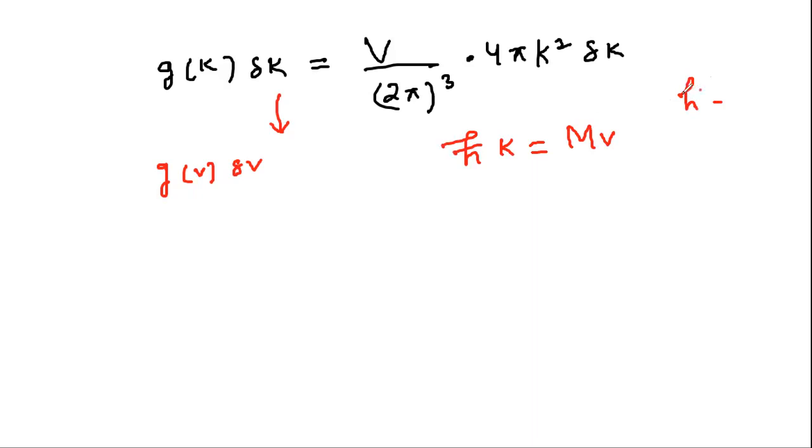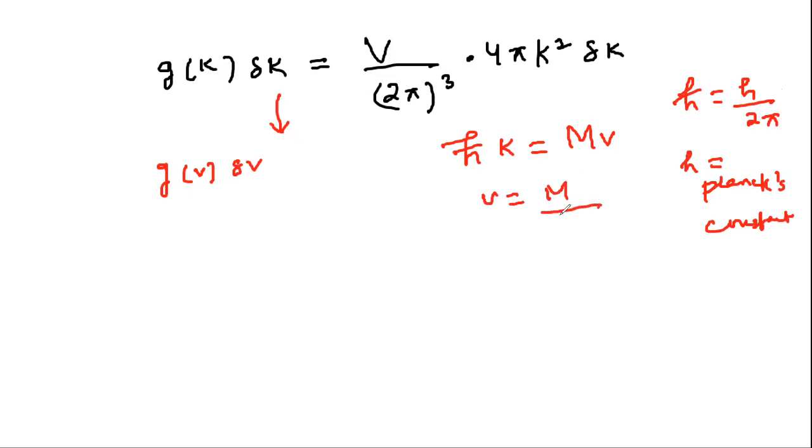H cross or bar, as you know, is H by 2 pi, where H is Planck's constant. We use it and solve for V. When we solve for V, we will get H bar k by M.